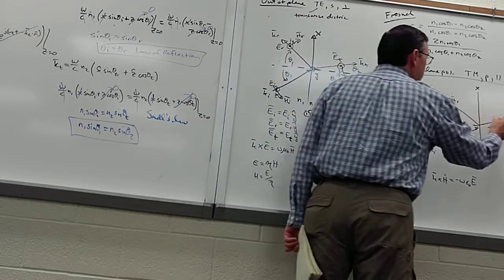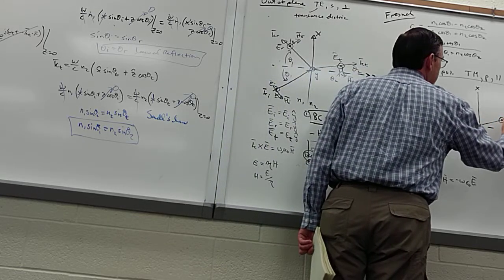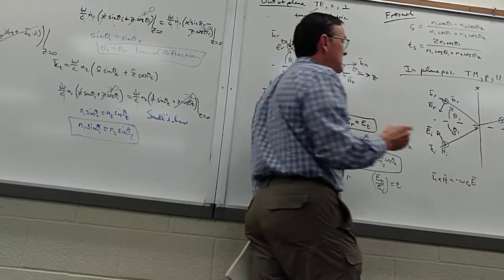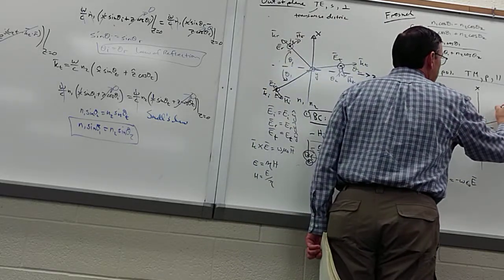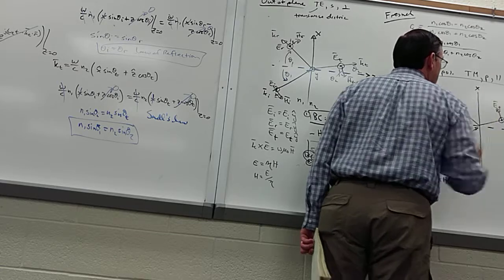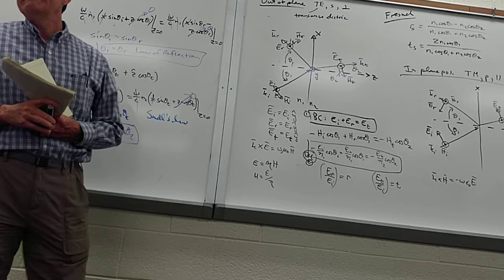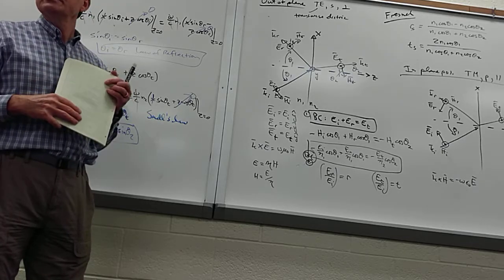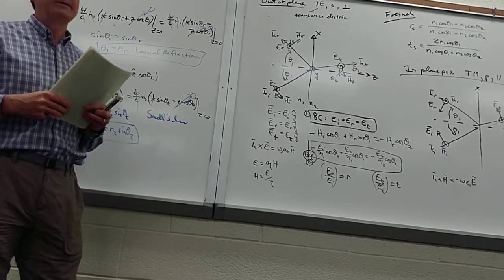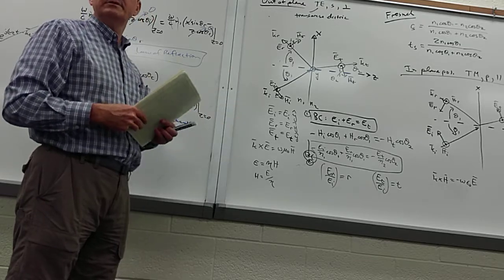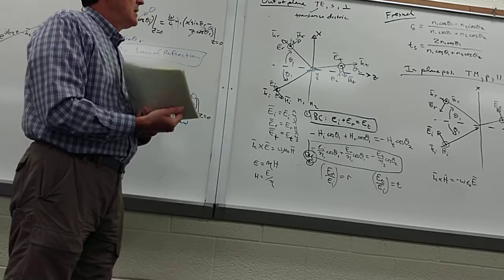And then HT, let's choose out of the plane of the board. And then we have ET pointed in that direction. Okay. So we're good with that? That's our picture. Now we need to play the same game, do the magnetic and electric field boundary conditions.